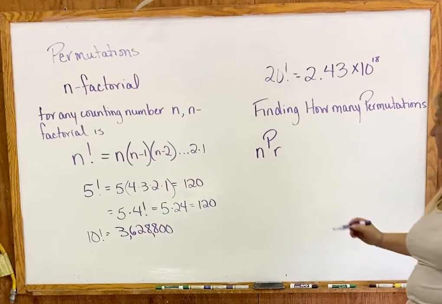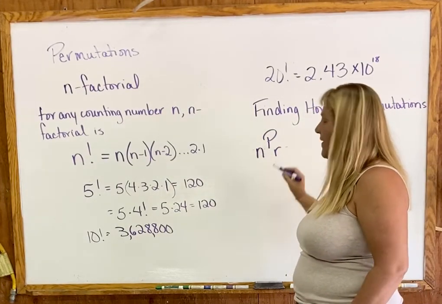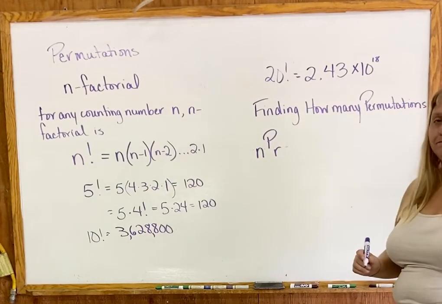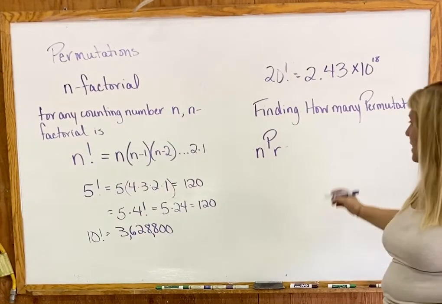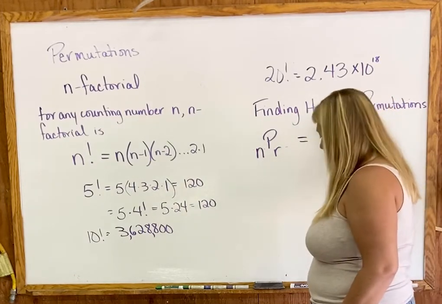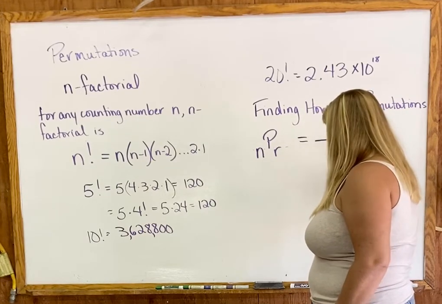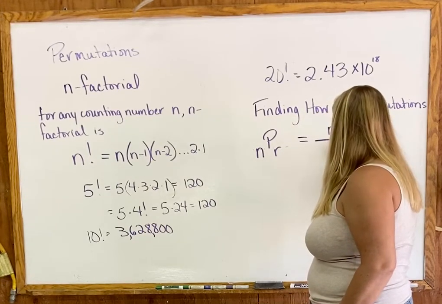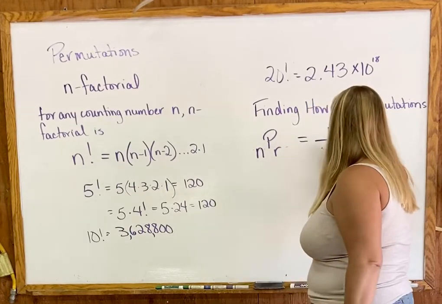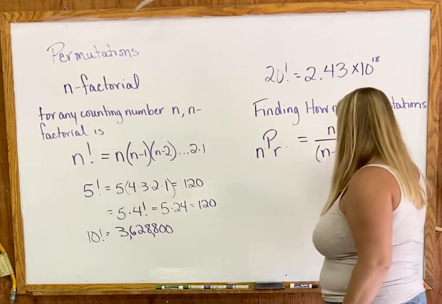The P is a capital P, and the n and the r are subscripts, below the line. And nPr is found by taking n factorial over n minus r factorial.